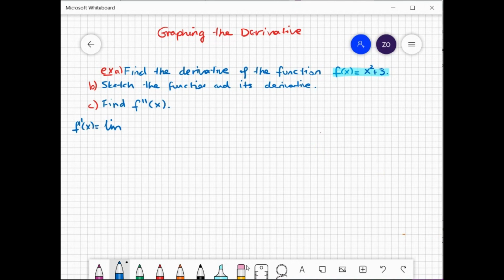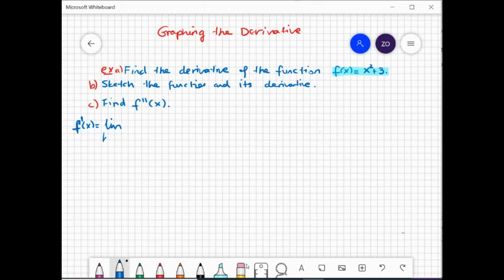The derivative function. We will find a general formula for the function, not at a single value. The question just asks us to find the formula. We will talk about the power rule today, so you won't need to go through these steps.